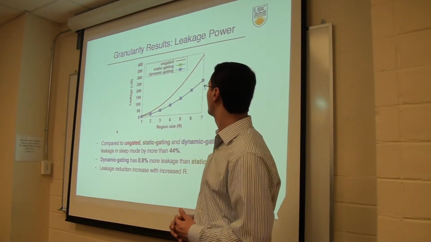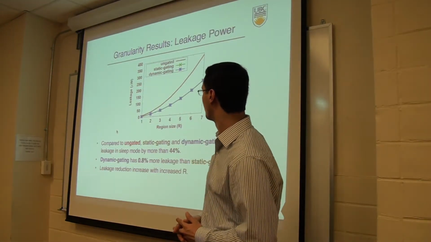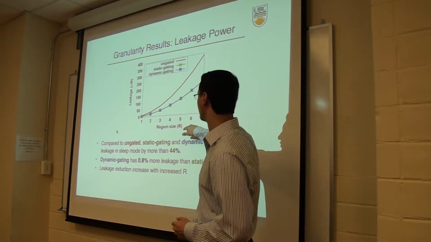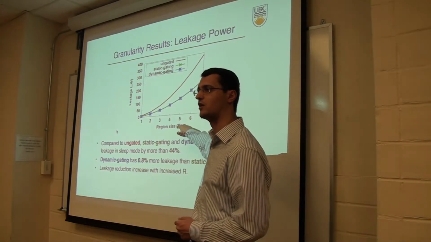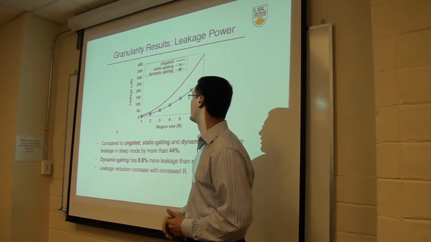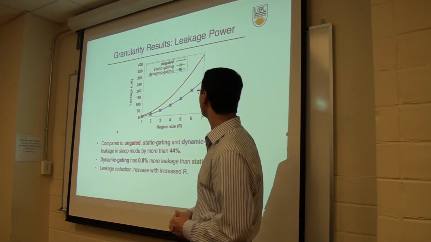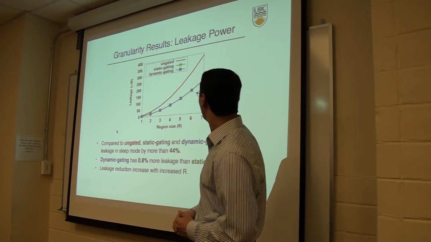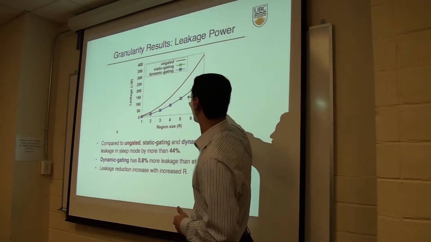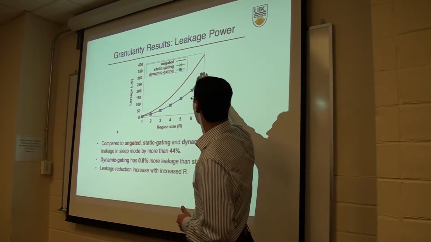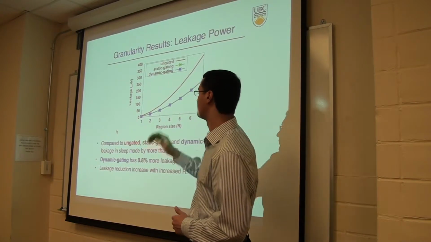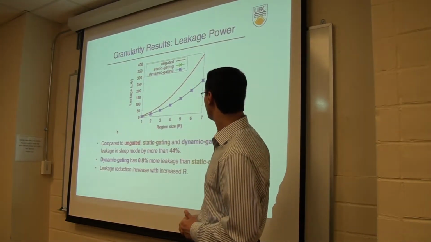So here I'm showing leakage power savings for different region sizes of the architecture. The x-axis here shows the region size, which represents the granularity of our architecture. And the y-axis shows the leakage power for the region. What we can see here is that using power gating, these two overlapping lines basically, we get significant power reduction compared to the ungated architecture.